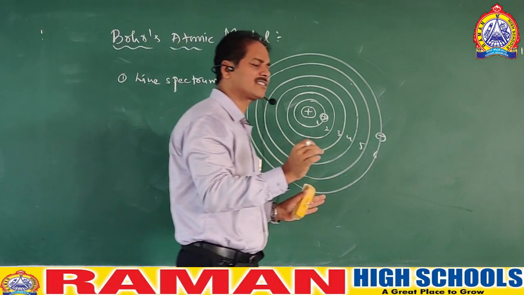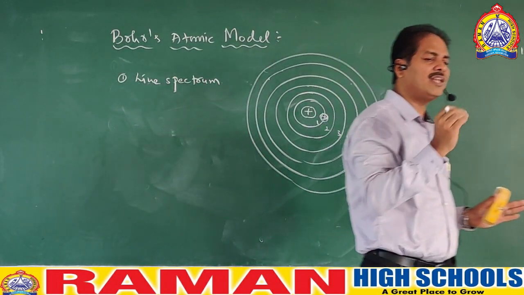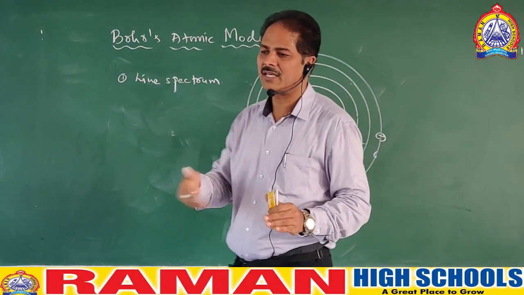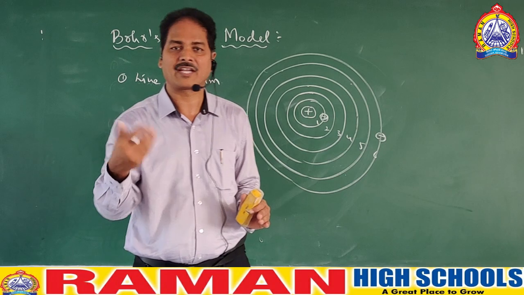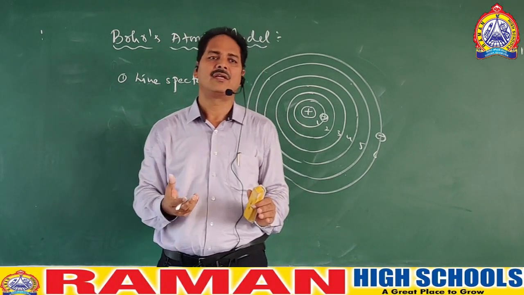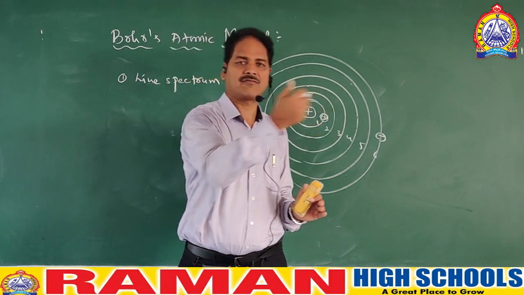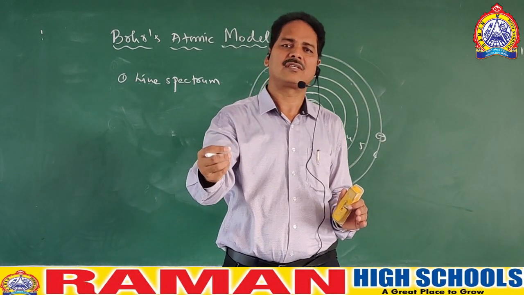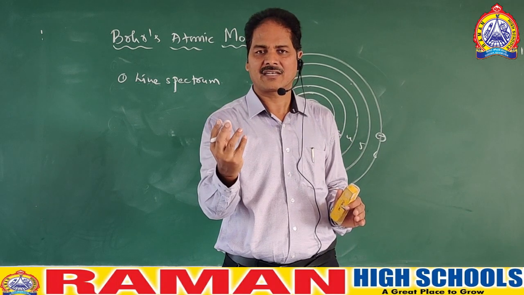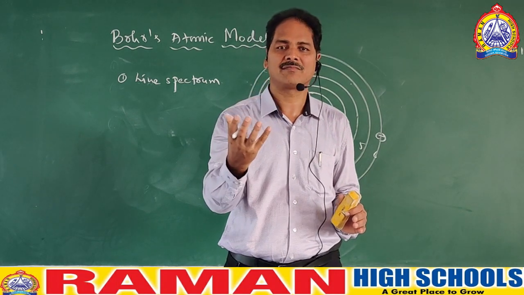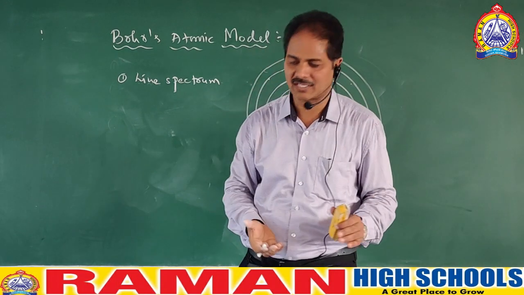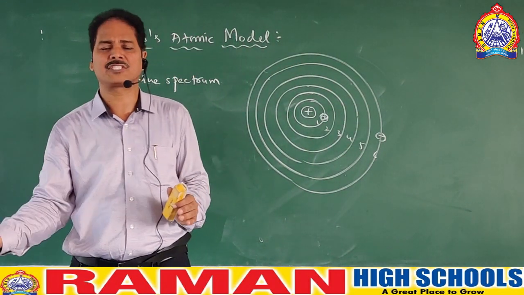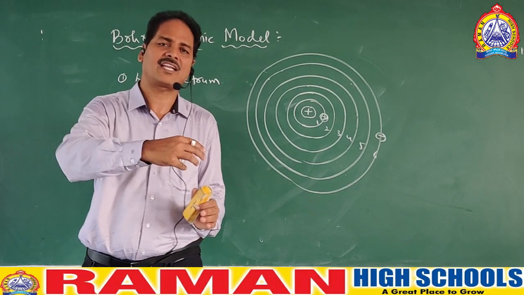And every substance will have certain form of spectrum. Even in our day-to-day life, we will observe different types of spectrums. For example, sunlight has one color, and when your mom cooks in the kitchen, the cylinder burner will give a blue flame, so that is one color for that flame, and that means the substance which is present in that cylinder will have that color.